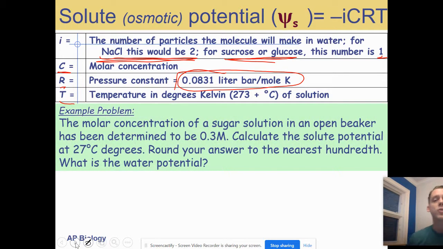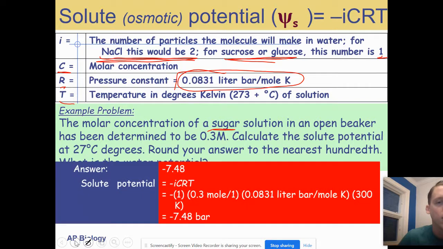So the molar concentration of a sugar solution in an open beaker has been determined to be 0.3 molar. That's the concentration. Calculate the solute potential at 27 degrees. Remember, this is sugar. So how many particles will sugar have? We know that sugar is covalent, so that's going to be 1. Round your answer to the nearest hundredth. What is the water potential? All right.